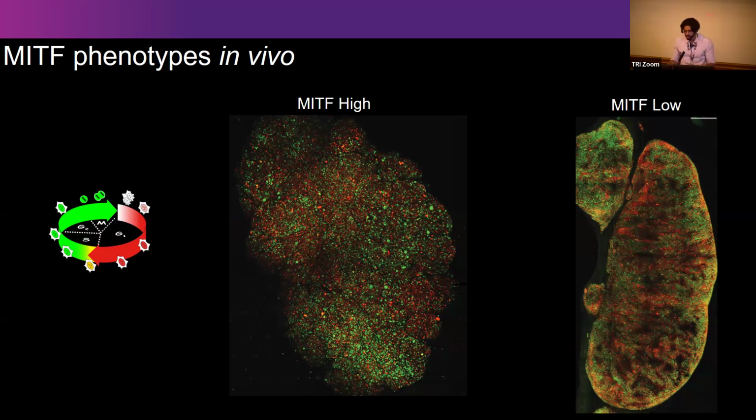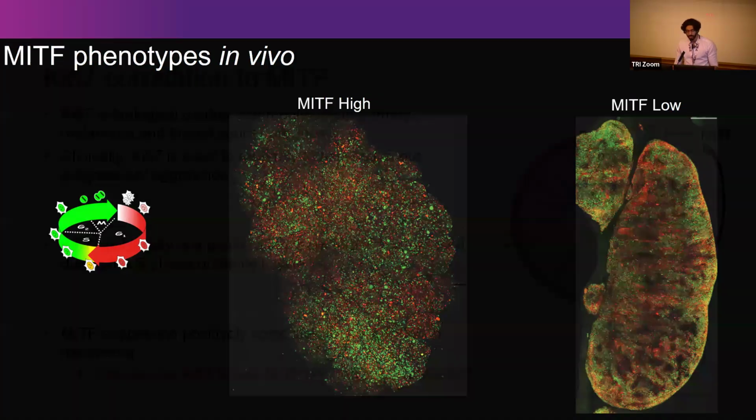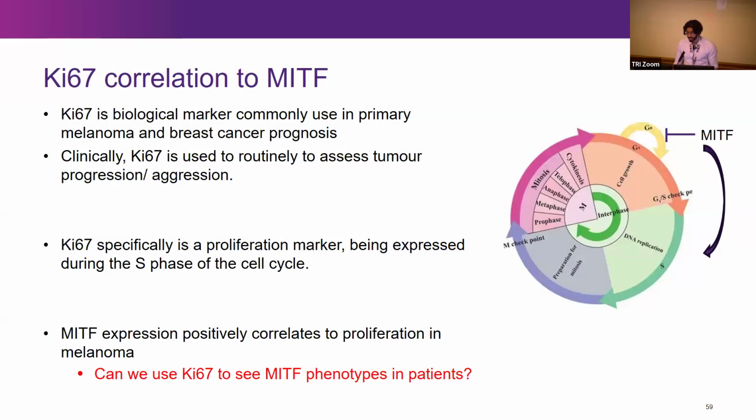So this is all stuff that we've found in vitro and in vivo, but something we actually haven't looked at is how this works in patients and whether these phenotypes exist in patients. So what we did was we looked into Ki-67. Ki-67, as many of you might know, is a commonly used marker in melanoma and breast cancers for prognosis, and it's an S-phase marker.